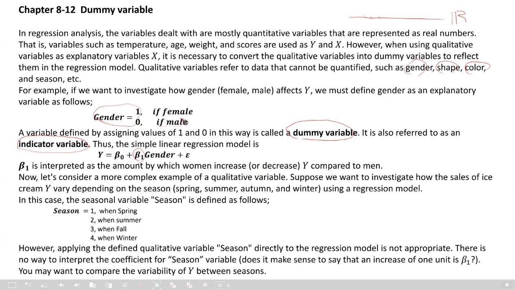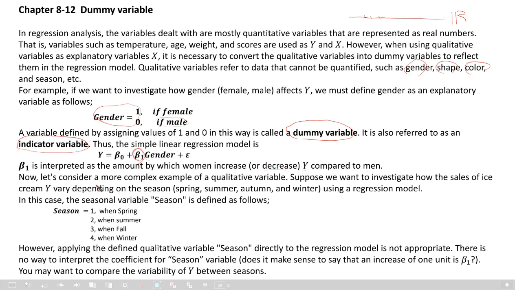When male, gender takes 0, so nothing is added here. But for female, it takes 1. So beta 0 plus beta 1 means for female, y increases or decreases depending upon the sign, by that amount compared to man, right?